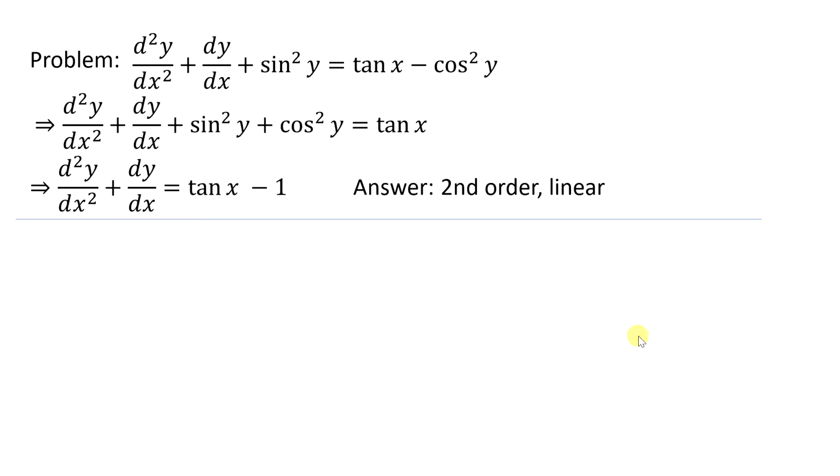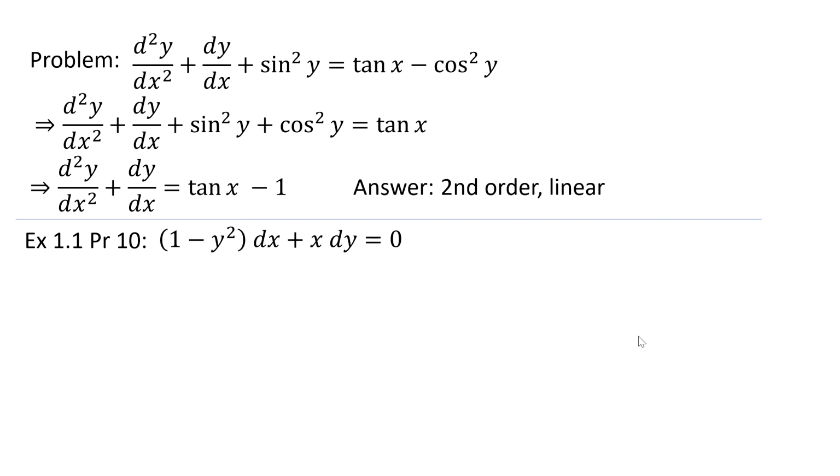How about this guy? Whoa, please pay attention. 1 minus y squared dx plus x dy equals. What order? I don't see a dy dx or anything, man.